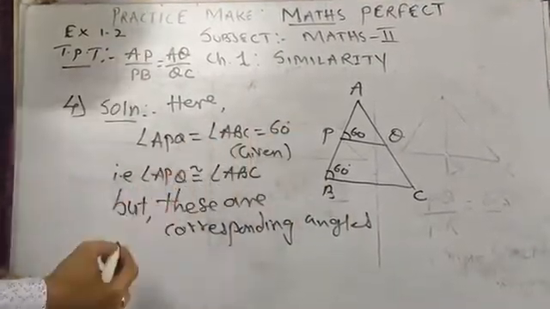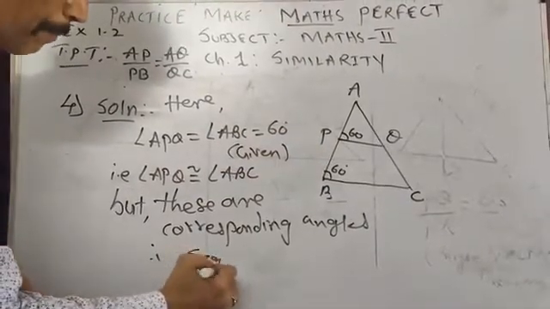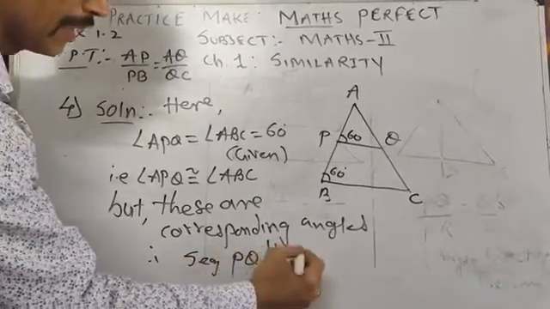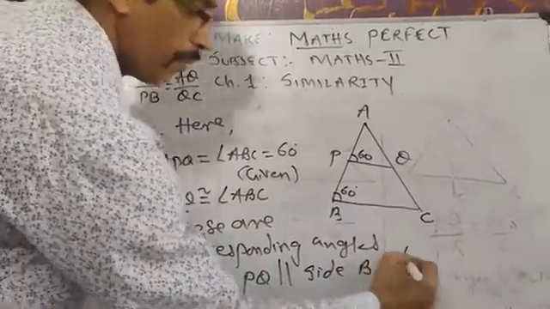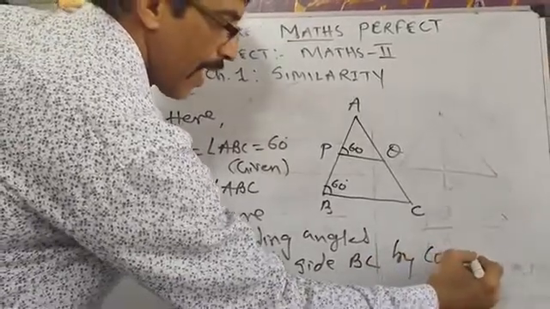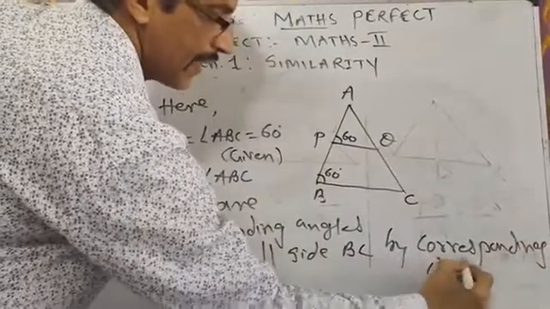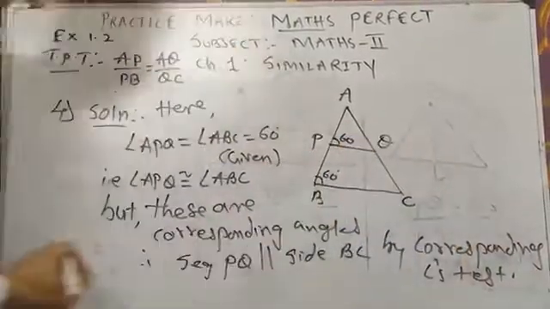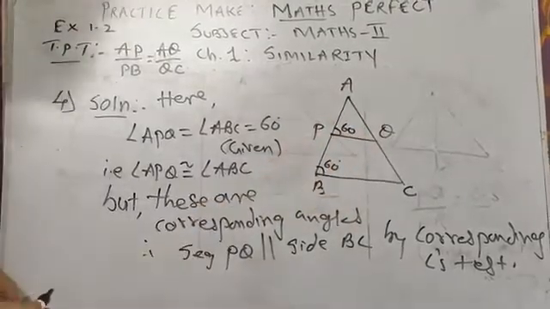Therefore side PQ is parallel to side BC by the corresponding angles test. By the corresponding angle test they are parallel. PQ is parallel to BC.